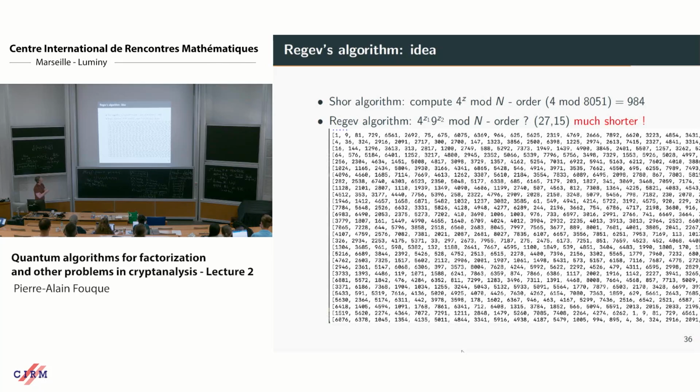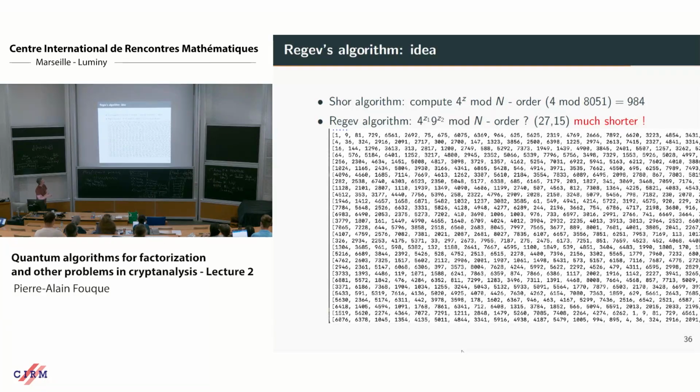And for instance, here I just show you some of the values that I computed. And if you look carefully, here I have 1, 9, 81, 729. And here you can see that you have exactly the same period.